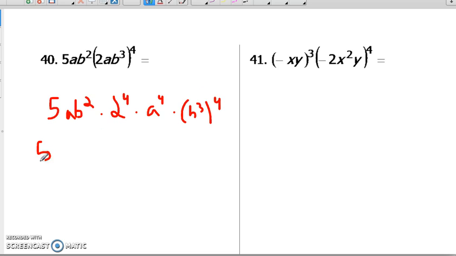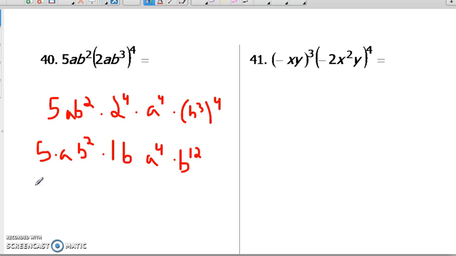So again, a times b squared all stays the same. All right, 2 to the fourth power gives us 16. A to the fourth power. And then now here's where I do my power of a power. B cubed raised to the fourth power is b to the 12th. Okay.